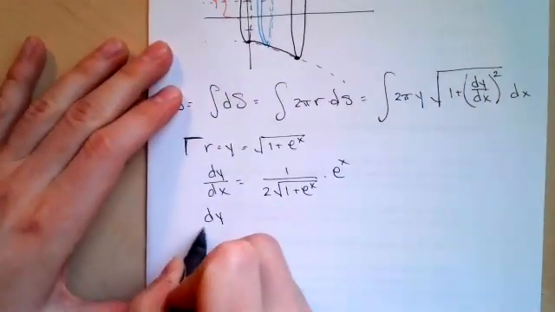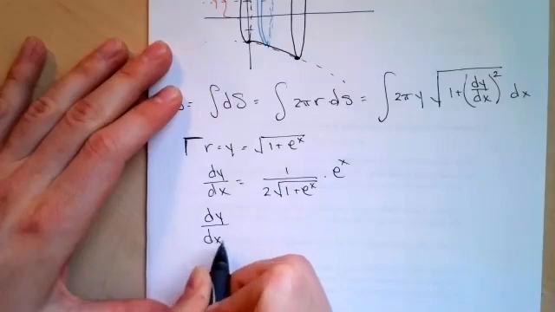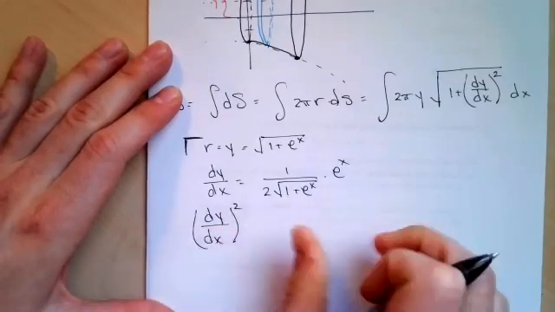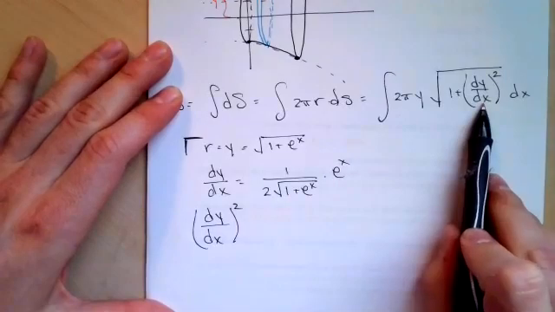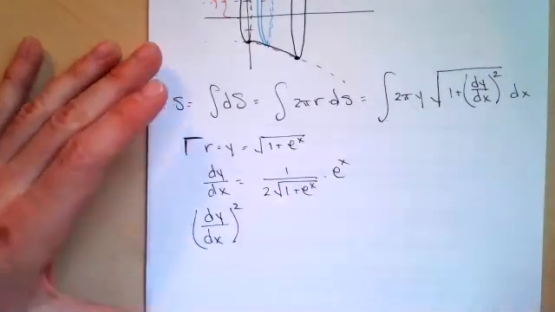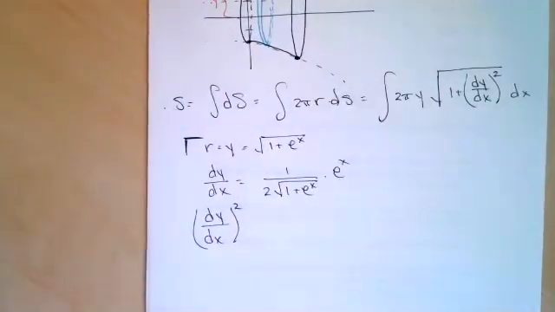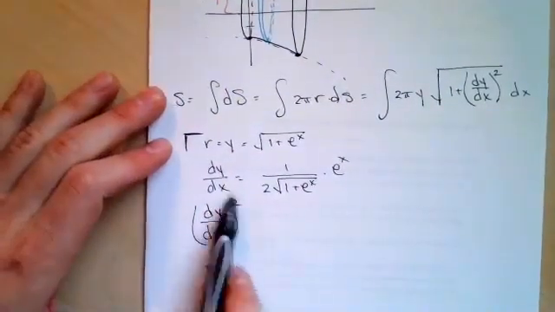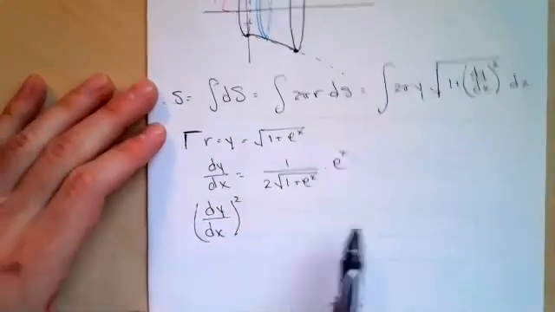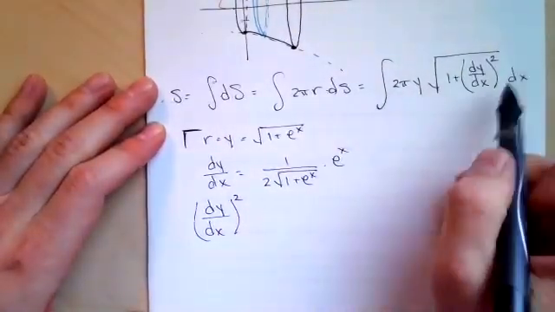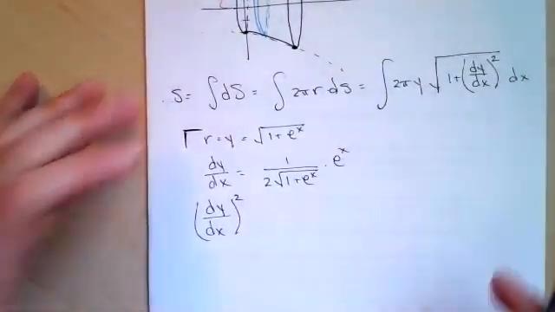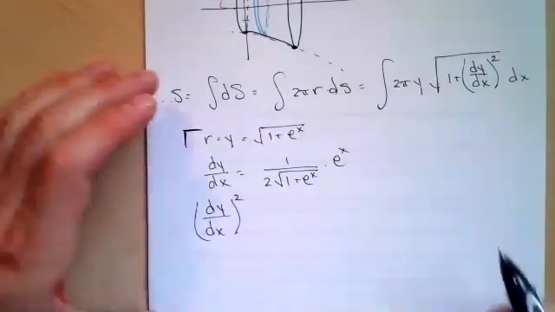And just like I did on the last one, I kind of like to do the squaring here. You could plug this in for here if you want and then do the squaring, but then you're doing that square underneath the square root with all the other junk in the integrand. Sometimes it's easier just to do the squaring and simplification on the side and then plug in the square itself for the dy dx squared underneath the square root.